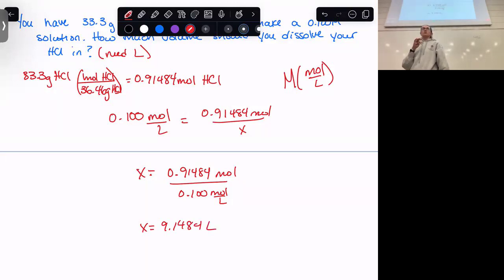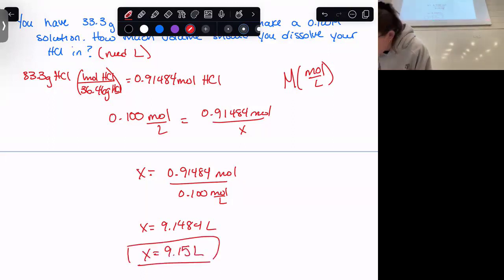How many sig figs? 3, so how many liters do we need? Good. Does that help with molarity a little bit?